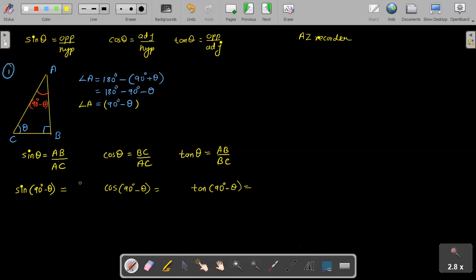Sine it will be CB upon AC. Sine 90 minus theta is CB upon AC.